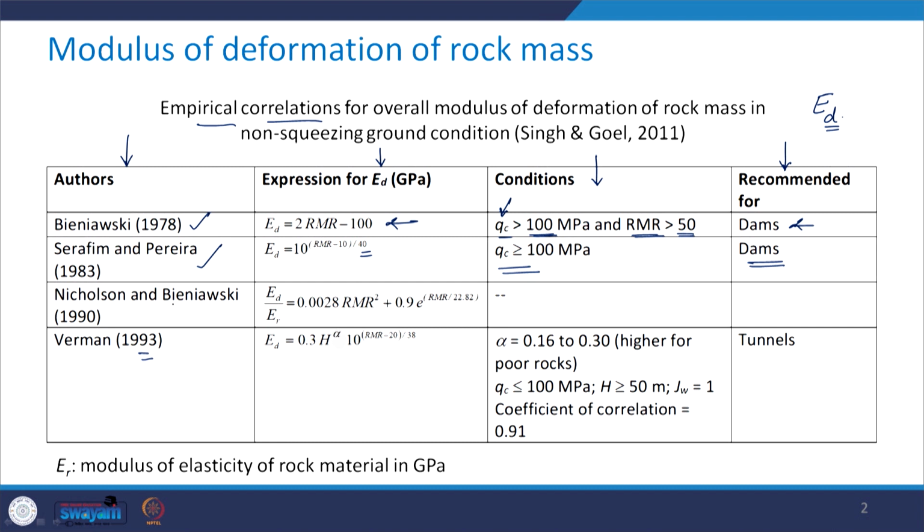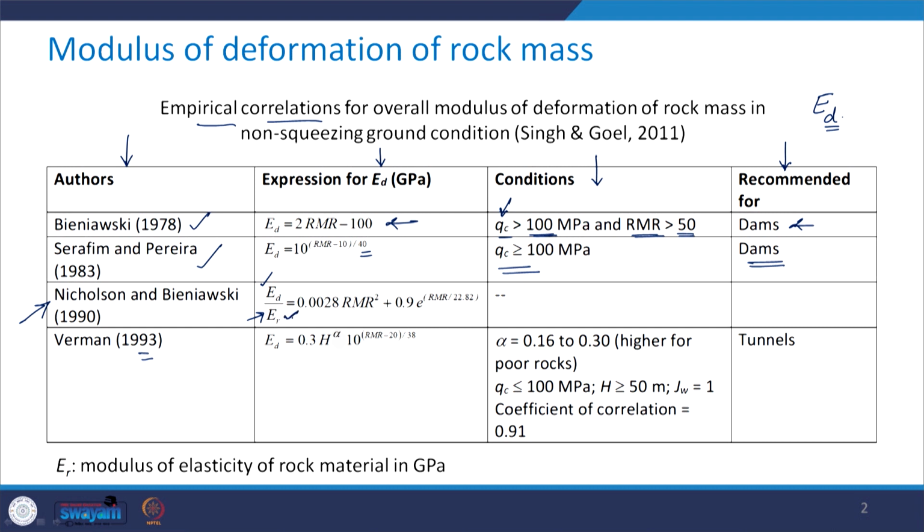Similarly, Nicholson and Bieniawski in 1990 proposed this expression where they gave the ratio of modulus of deformation to the modulus of elasticity of the rock material. When I say modulus of elasticity of rock material, essentially we talk in terms of the modulus of elasticity of the intact rock.